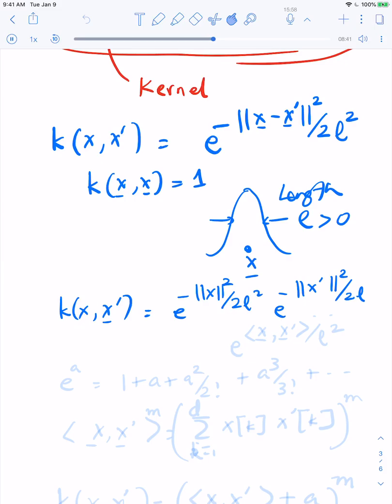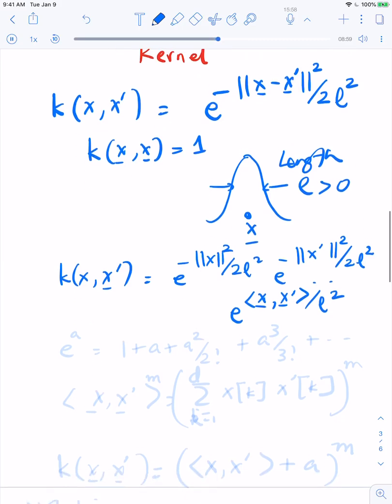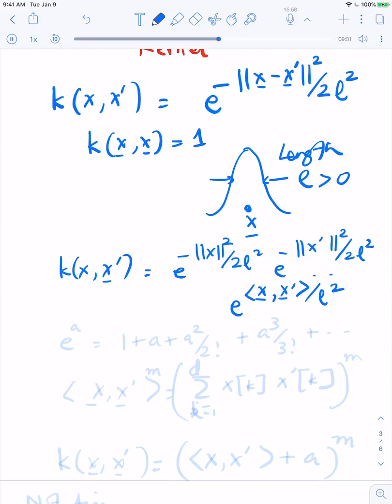We can even think of them as equal energy now. And there is an inner product between the original data points, x and x prime, divided by L squared. So instead of just having an inner product between these, you have the exponent of the inner product.